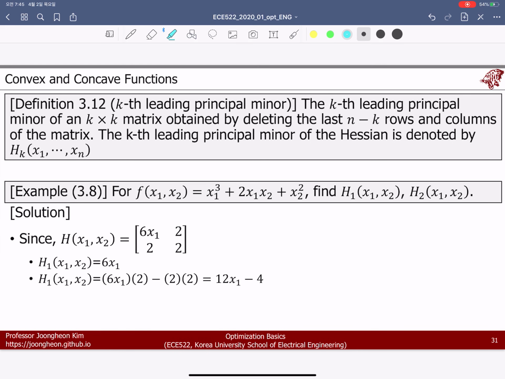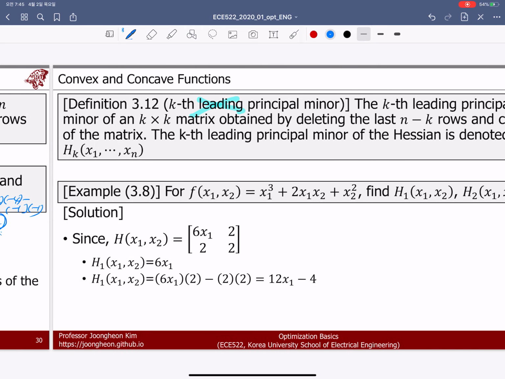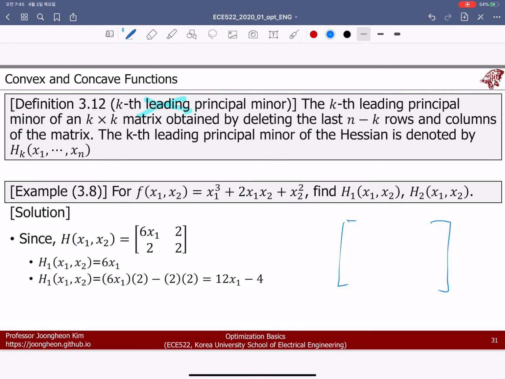So from now on, we want to see what the leading principal minor is as well. So in this case, our leading principal, so this one. When you take the first order principal minor, I told you that these are our first order principal minors, so A, E, I. For the second order principal minor, we have 1 2, 1 3, 2 3.